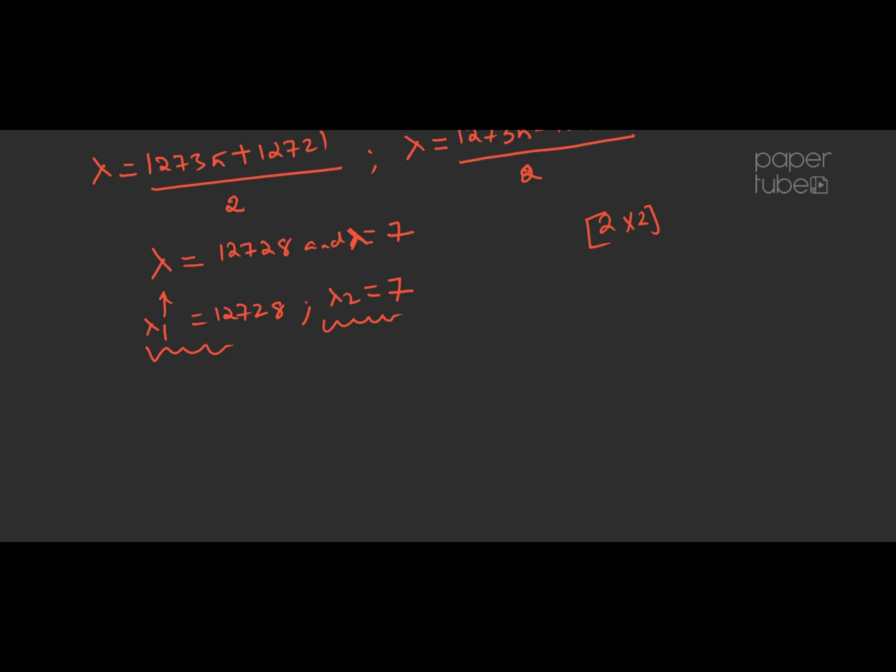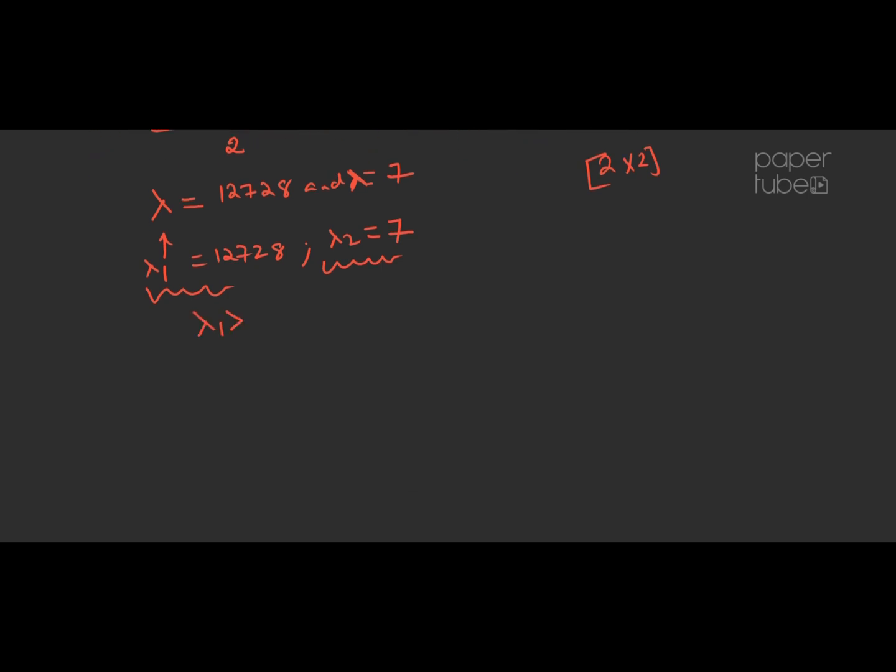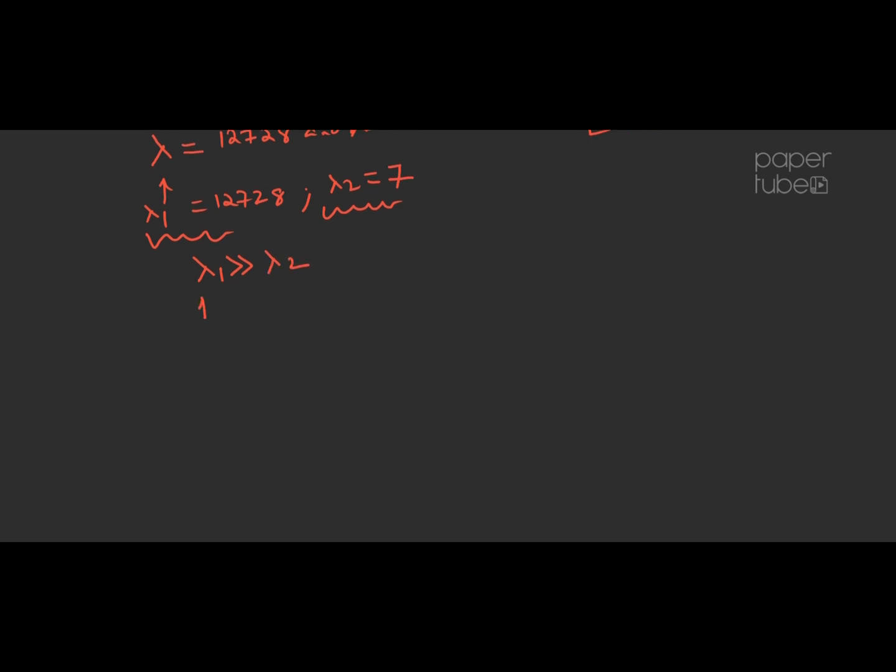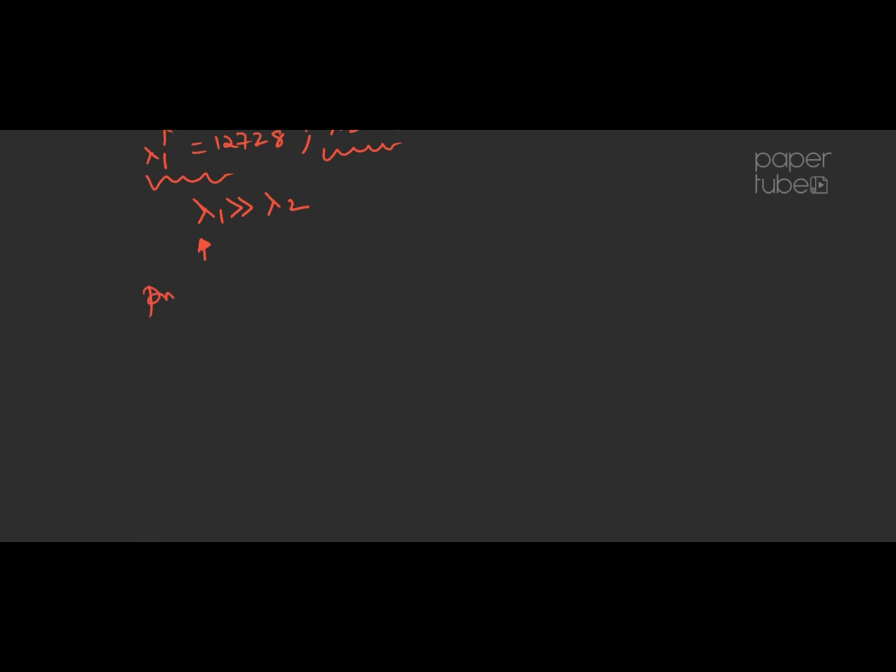So what you can see from here, lambda 1 is definitely larger than lambda 2, which means the corresponding eigenvector of lambda 1 should give something related to your principal component. So we can say lambda 1 is something related to principal component 1, and then lambda 2 is something related to principal component 2.